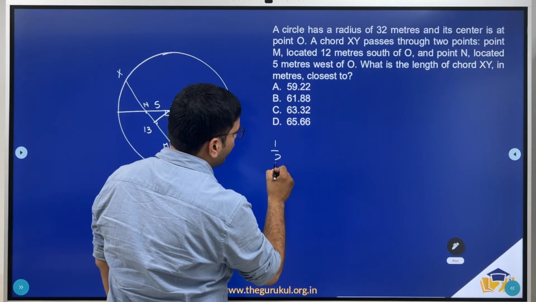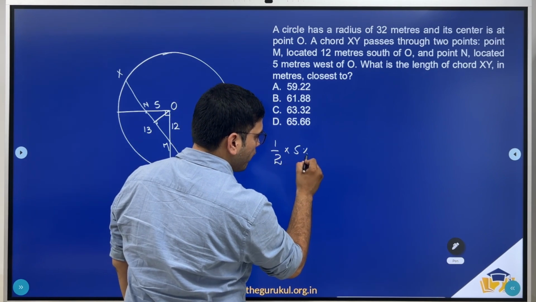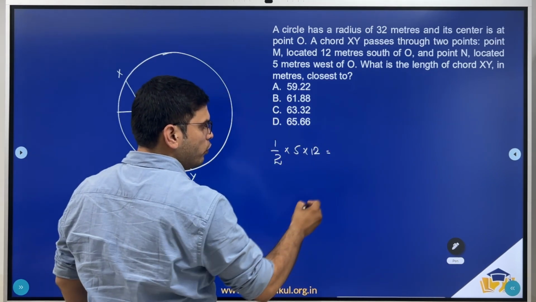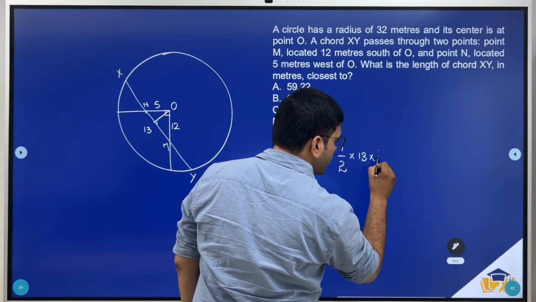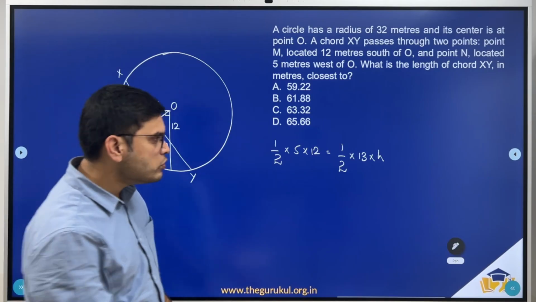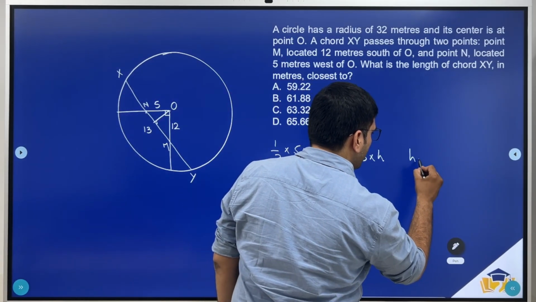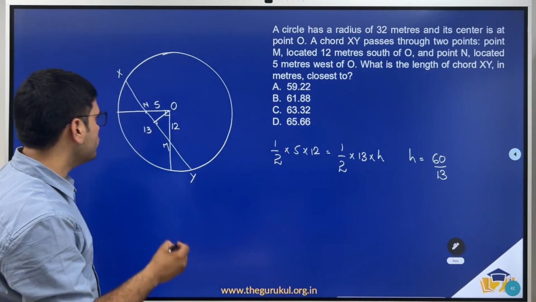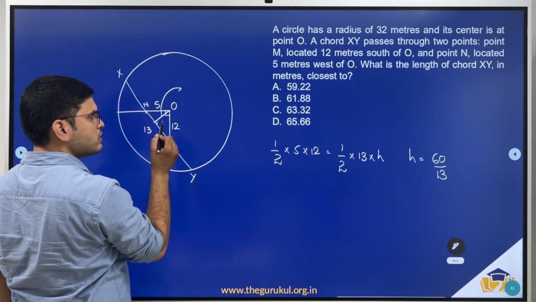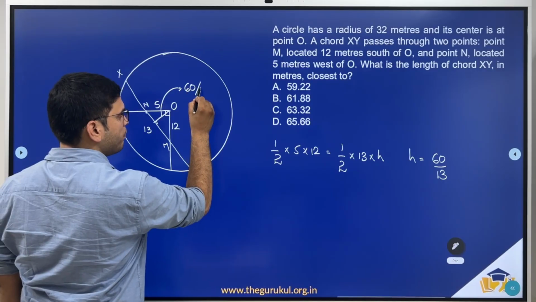Half into the product of perpendicular sides, 5 into 12, which is also equal to half into base 13 into the corresponding height, right? So the altitude drawn to the base becomes 60 by 13. So the length of this side is 60 by 13.